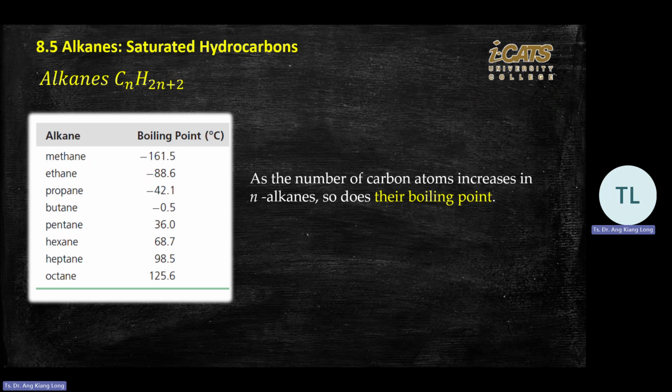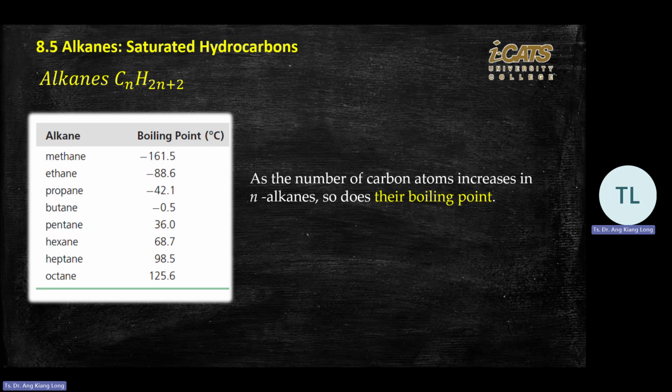If you have more and more carbon inside the structure, means they have a longer chain, C, C, C, C, C. A longer chain means you have a higher boiling point. You need more heat to break the bonding. Just remember that.